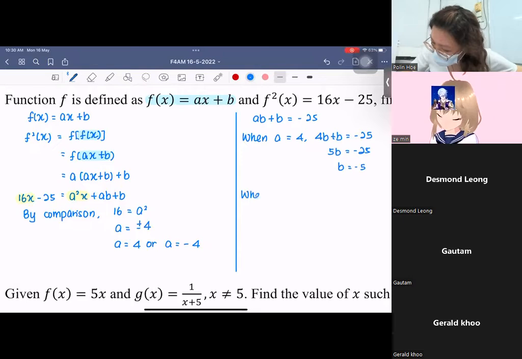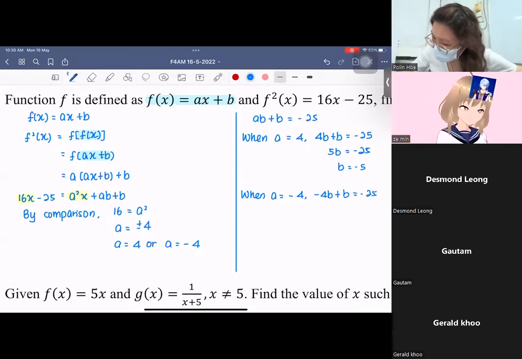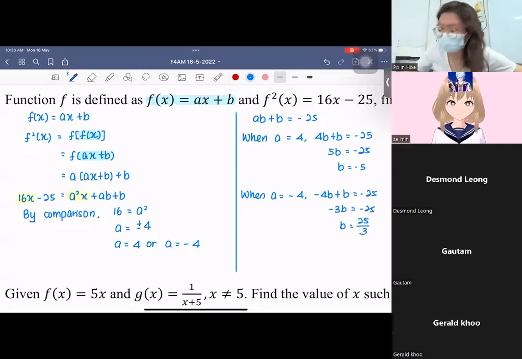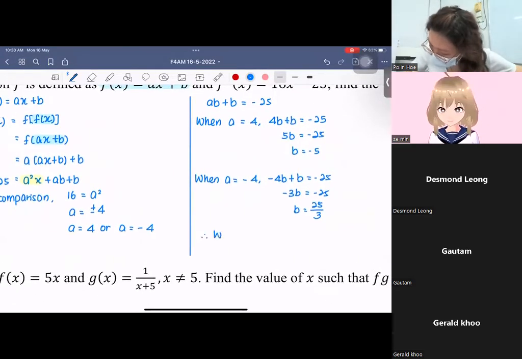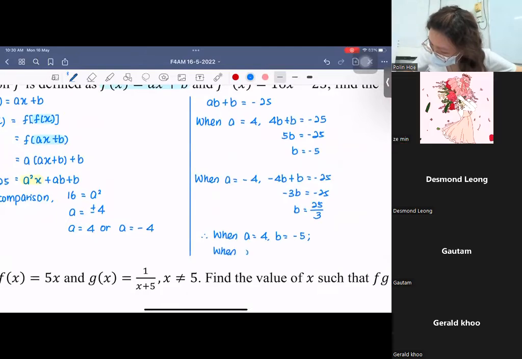And when a equals negative 4, negative 4b plus b equals negative 25. Negative 3b equals negative 25. b equals 25 over 3. And a conclusion, please. When a equals 4, b equals negative 5. When a equals negative 4, b equals 25 over 3.